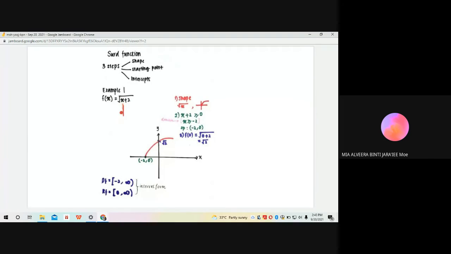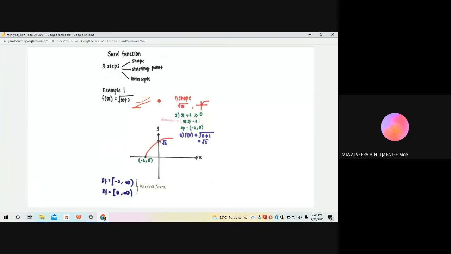As you can see, the coefficient of x is positive, and the sign in front of the square root is also positive. So meaning the shape is going to start from the origin point. Okay, and then next step is that we have to find the starting point. To find the starting point, you'll have to know that everything inside the square root, which is x plus 2, is more or equal to 0.